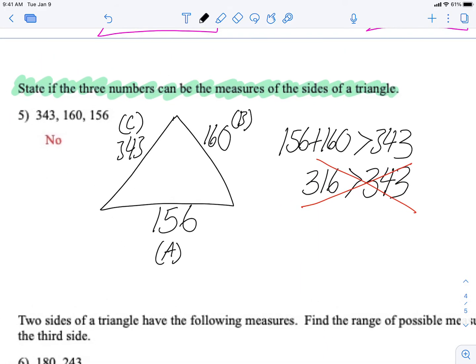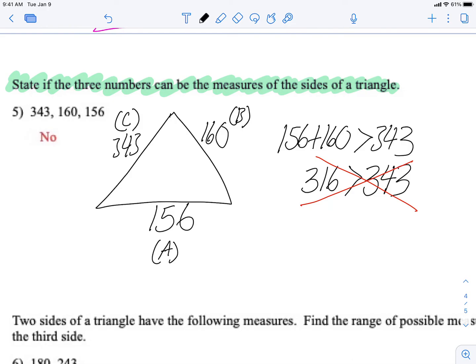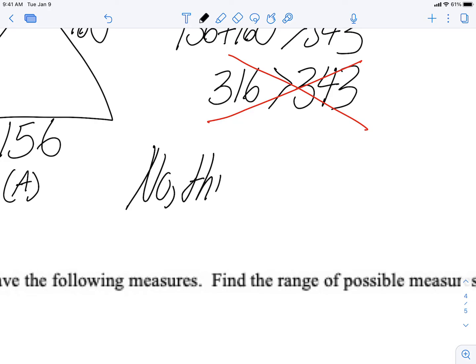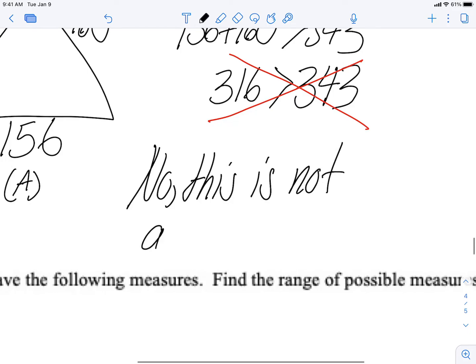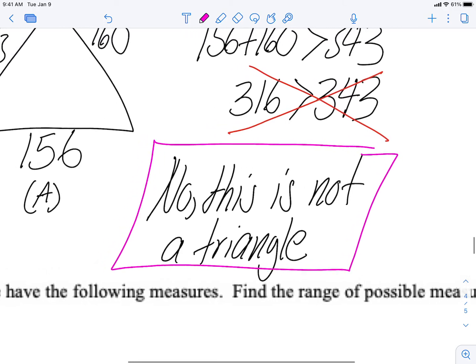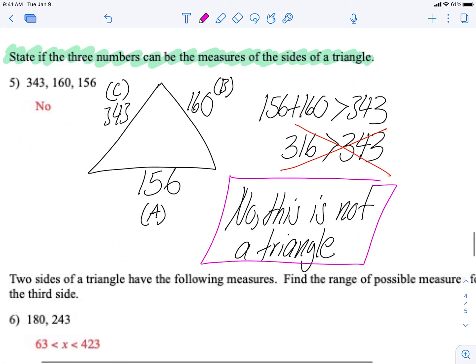See? State if the numbers can be the measures of the sides of the triangle. You can say, no, this is not a triangle. Okay. Now, if we would have done all three checks, right? First was A plus B is greater than C. Check.